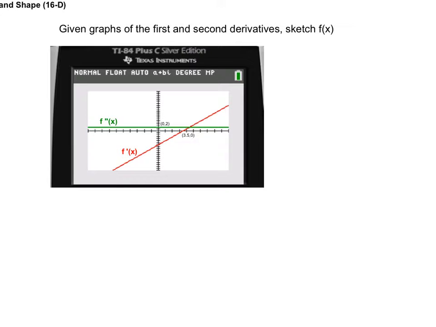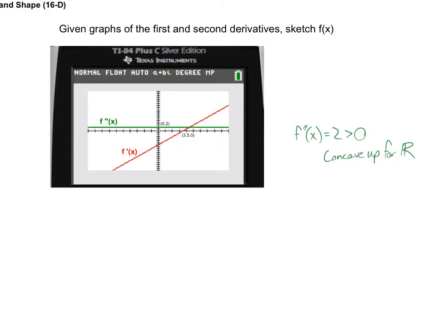The second derivative is 2, which is always greater than 0, so the original function is concave up for all real numbers. That's one thing we can tell.